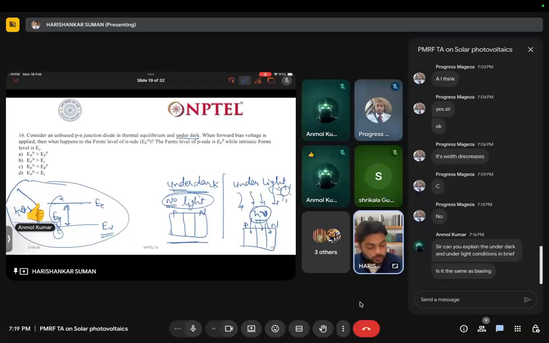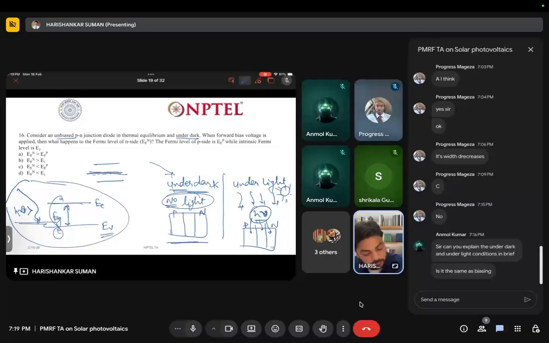Okay, thank you. So this is the next question. Please think. You have unbiased, without bias, and consider equilibrium under dark. This is the case. We will apply bias later on.